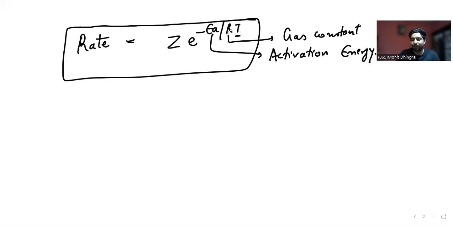As we just discussed, those specific collisions which are actually responsible for the formation of products are termed effective collisions.